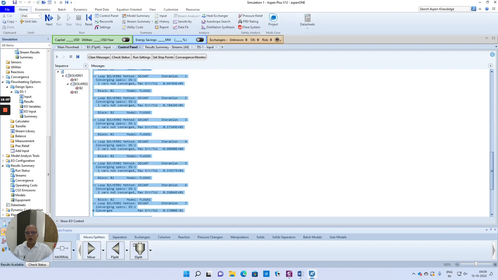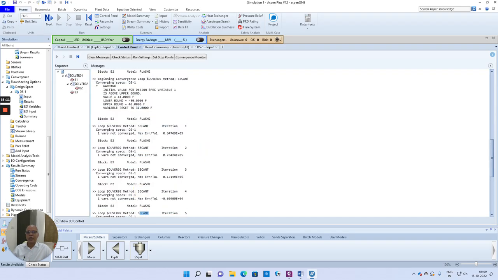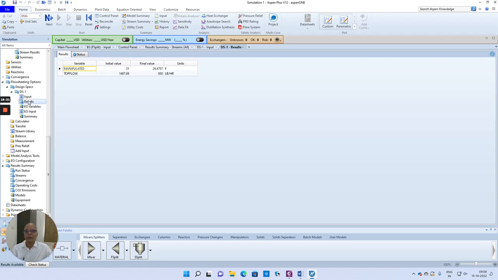You can see for solving a design spec, we are using secant method, and for solving the recycle, we are going to use maybe the Wegstein method. That will be made clear probably when we go into the recycle options.